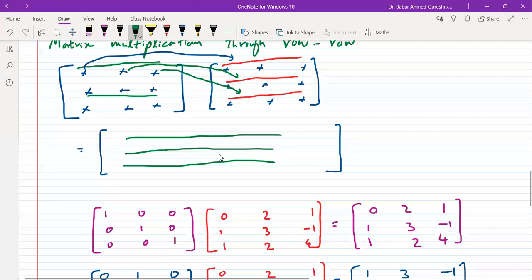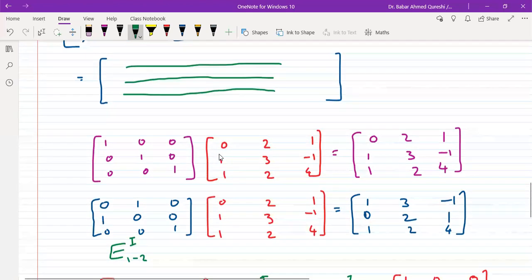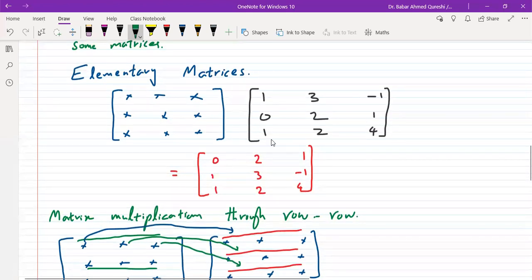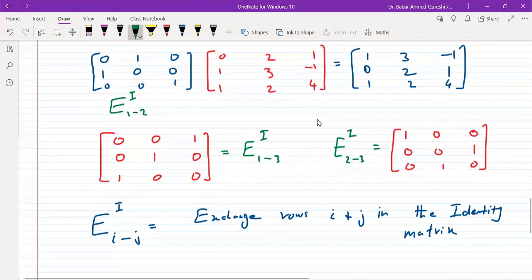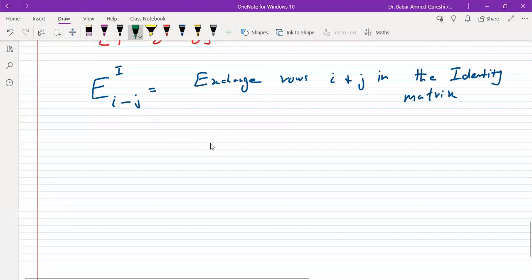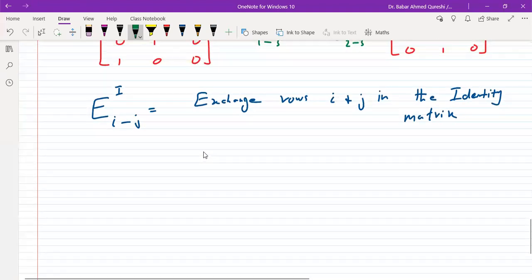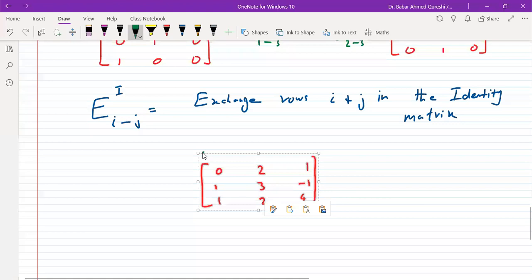So how can I multiply with a number? For example, if I want to take this 2 and make it 1, I want to bring a 1 over here. What can I do? This is an easy one.